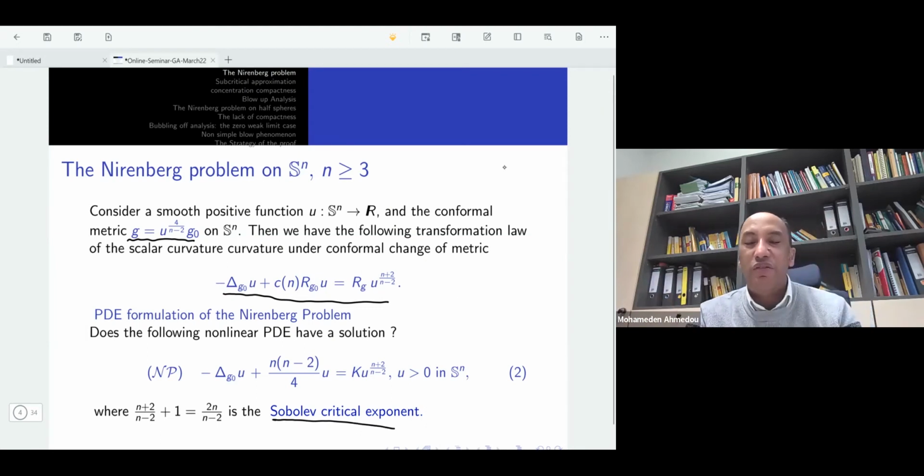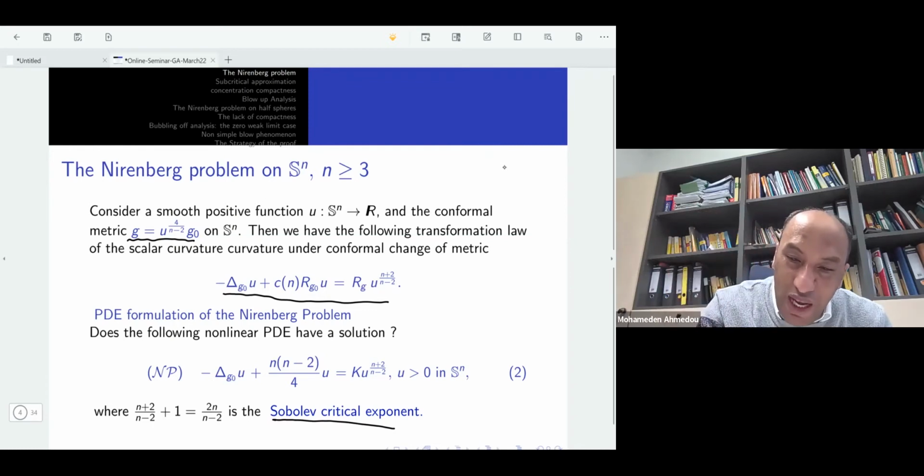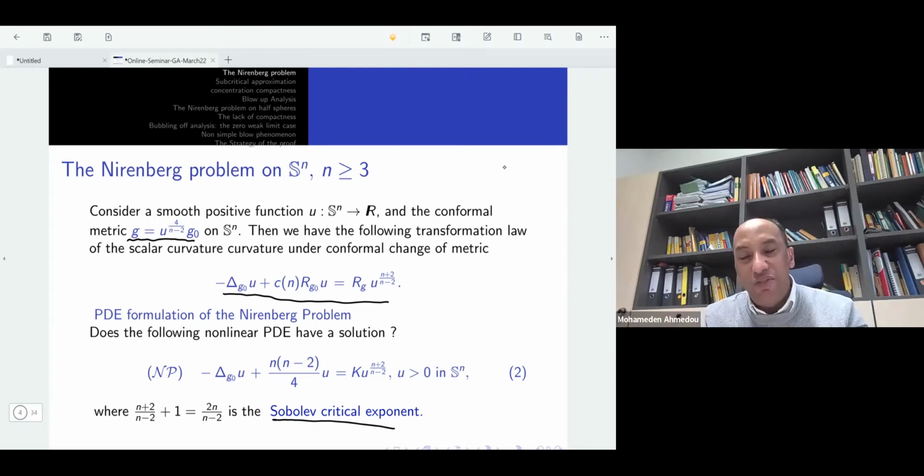Because of this critical exponent, the corresponding Euler-Lagrange functional does not satisfy the Palais-Smale condition. And this means that standard methods of calculus of variations cannot be applied. On the other hand, you see that this exponent is a borderline. If you lower this exponent a little bit, you recover compactness and you recover existence.